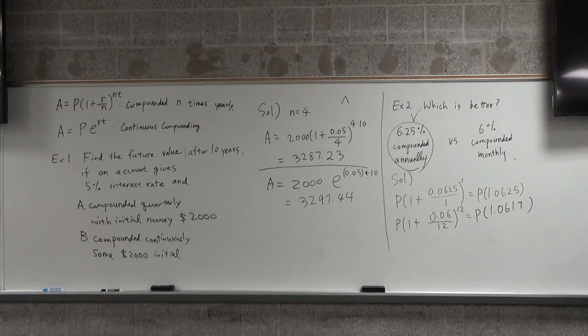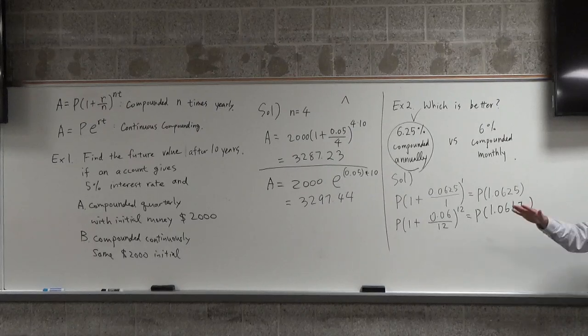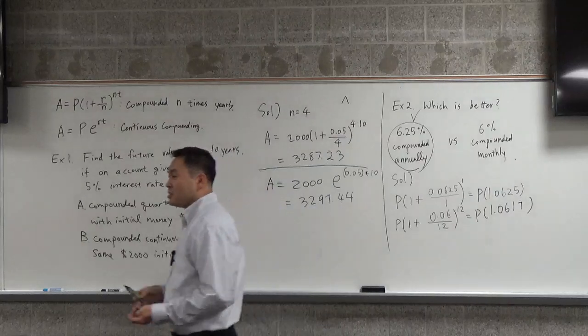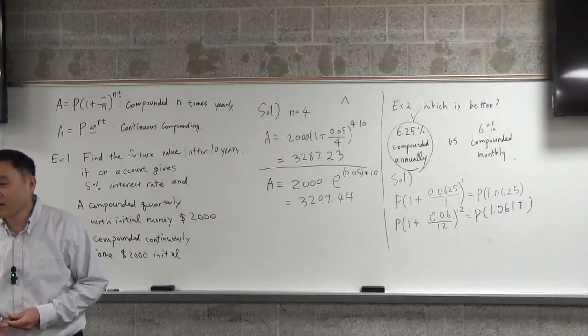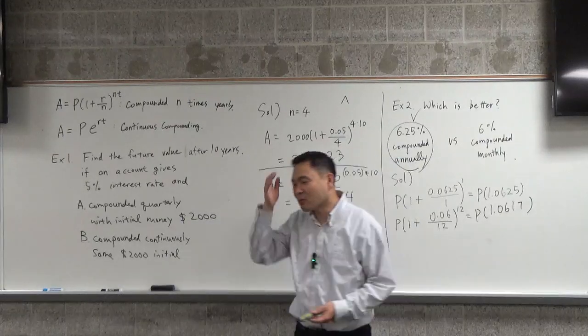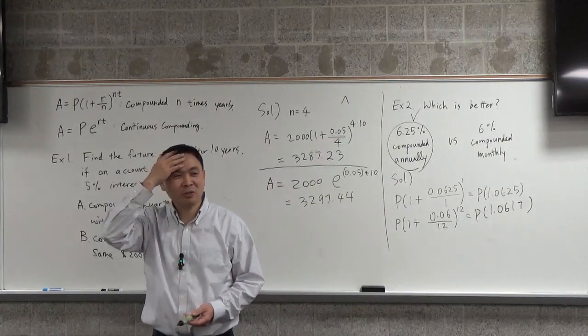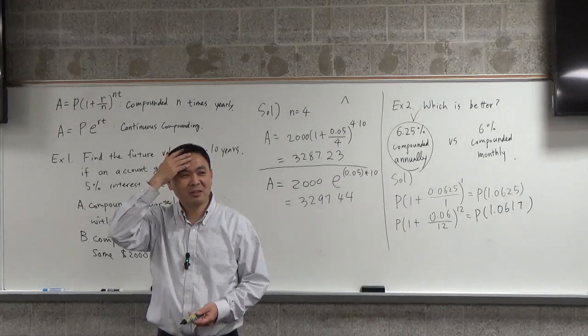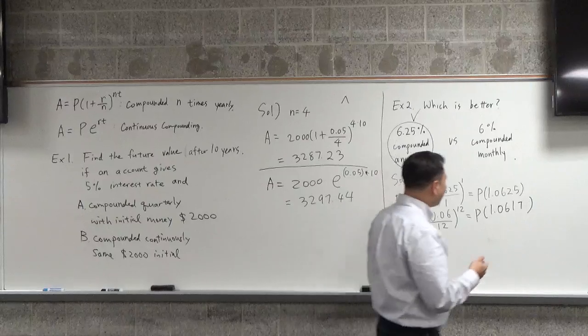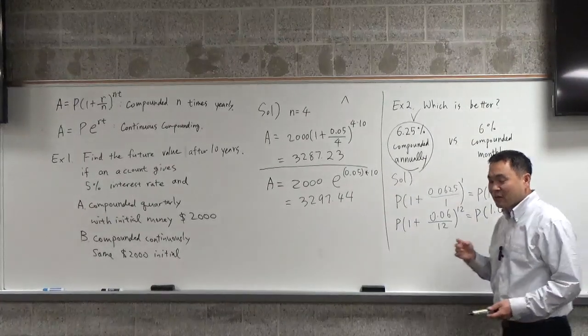Now, have you ever passed by a bank and they have a sign like, we are selling a CD, it's 4.25 APY? I forgot what CD meant. Does anyone know? CD is some kind of product that the bank sells.